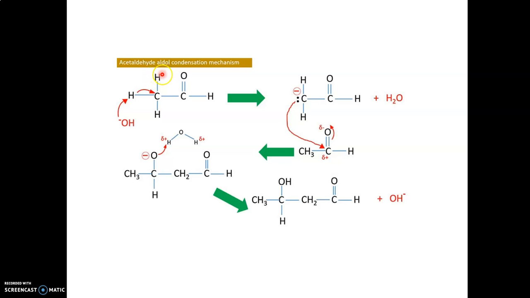Aldol condensation is an organic reaction in which an enolate ion reacts with a second molecule of carbonyl compound to form the beta-hydroxyaldehyde. The hydroxide ion functions as a base and removes the acidic alpha hydrogen, producing the reactive enolate ion. This reaction can be seen as an acid-base reaction.